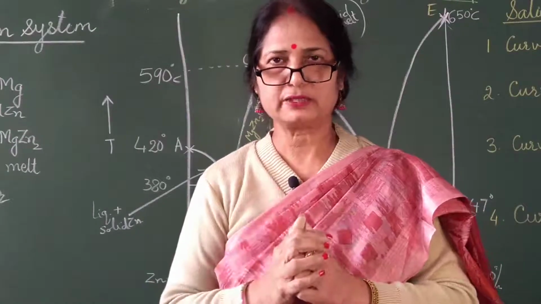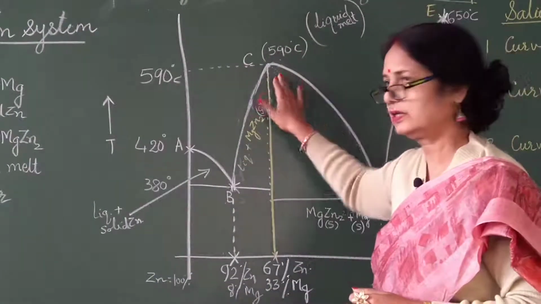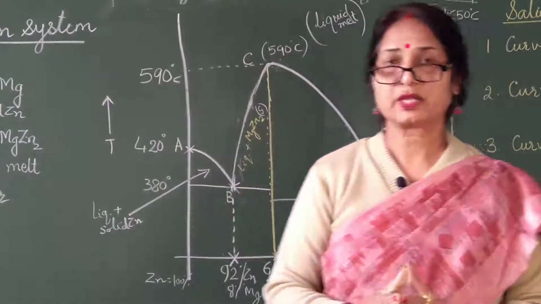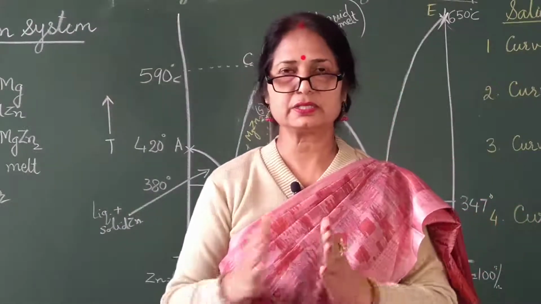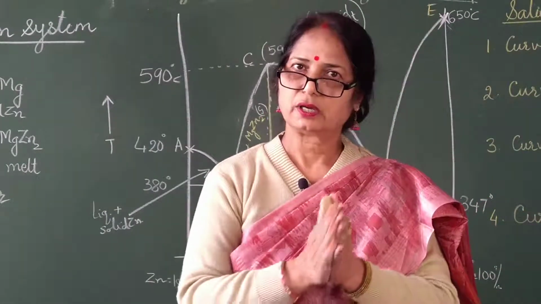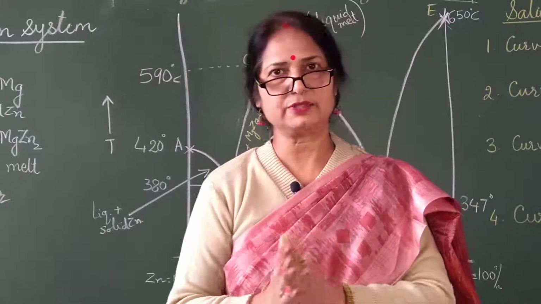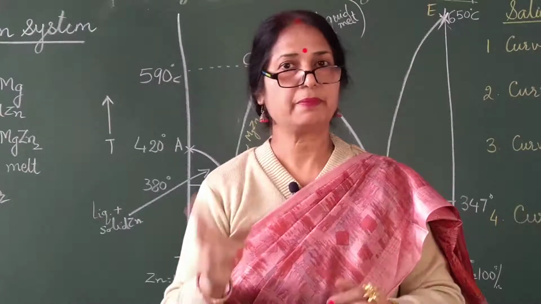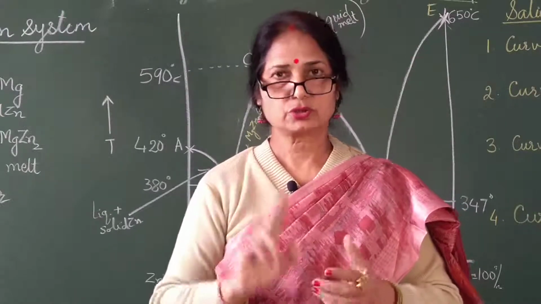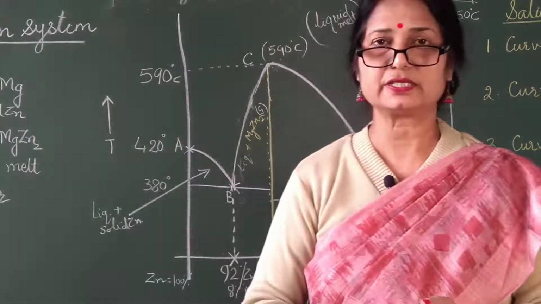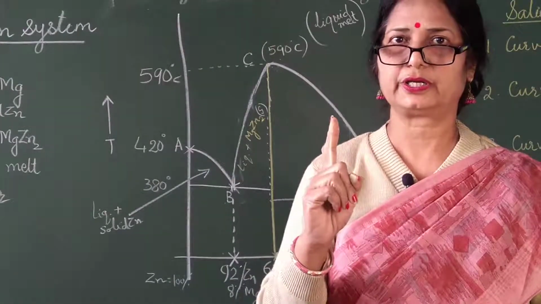So what will happen at this point C? We will be having solid MgZn2 and liquid MgZn2, the composition of MgZn2 solid and MgZn2 liquid is the same, but the phases are two. So we will be having two phases, but one component over here.